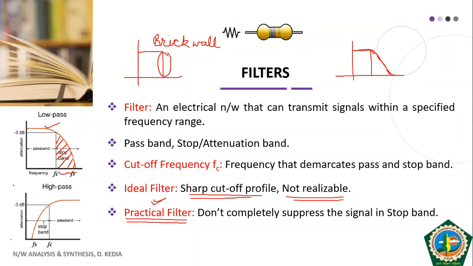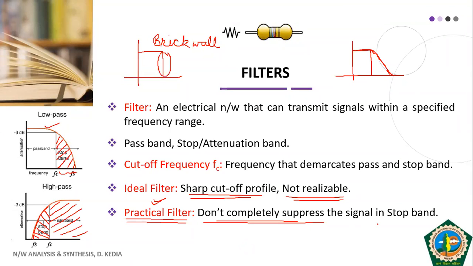Similarly, in case of a high pass filter, your ideal band would have passed only these frequencies, whereas in a practical filter you are basically bound to allow certain frequencies adjacent to the pass band, though these frequencies have an attenuated profile, but they are being passed. So in practical filters, we are not able to completely suppress the signal in the stop band.